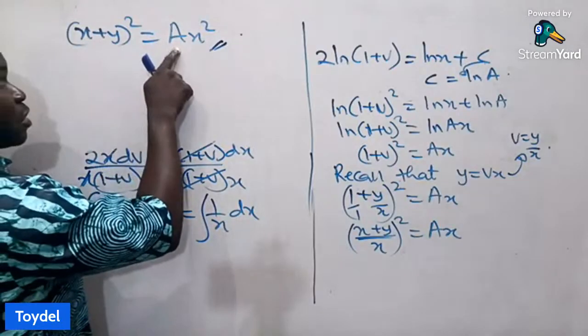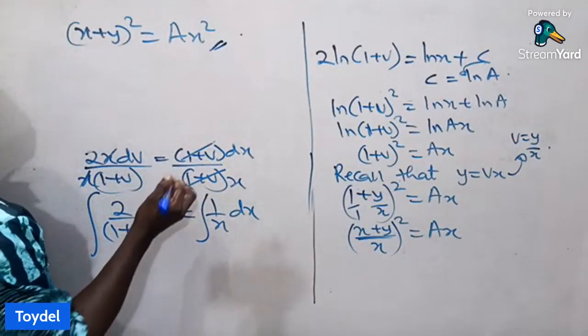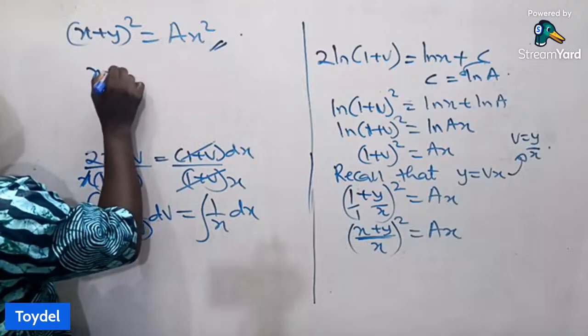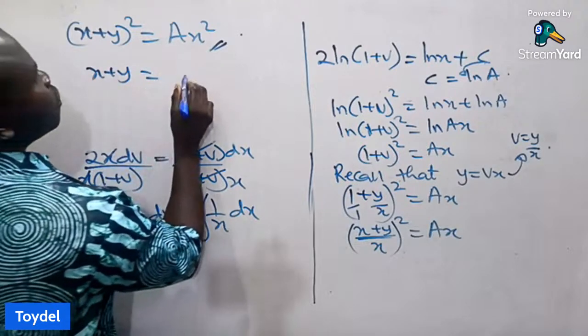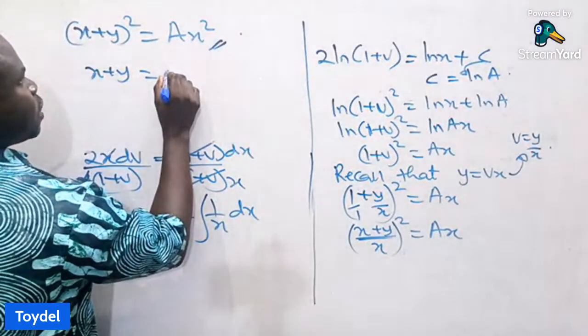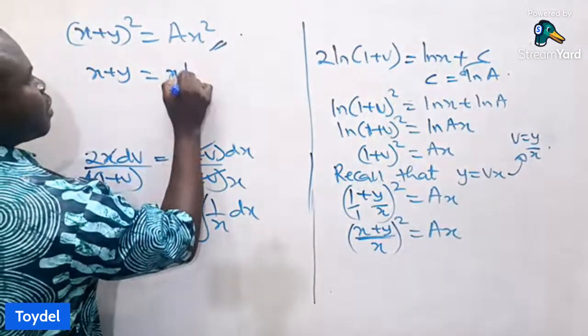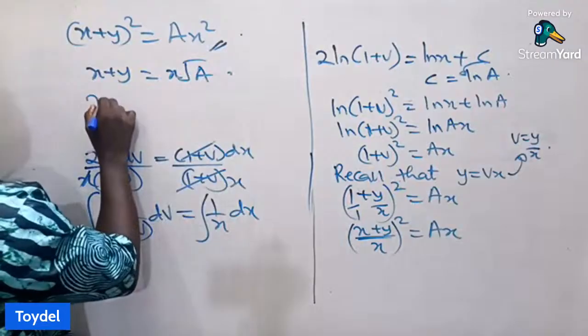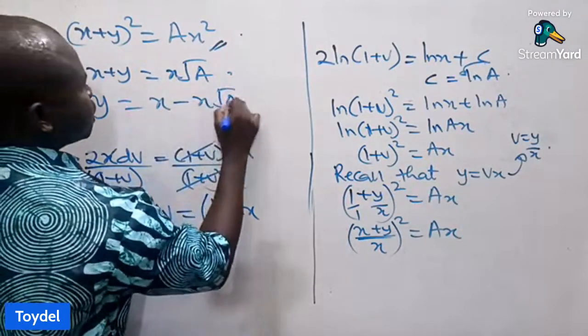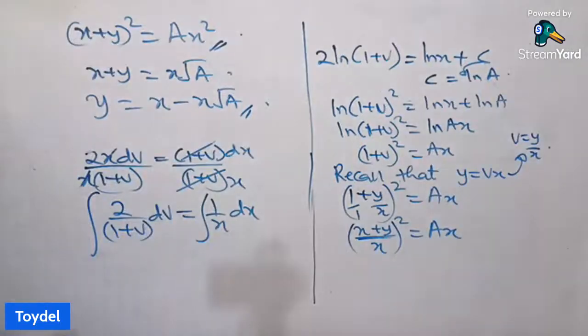If you stop at this point, you get your full mark. Or we can take the square root of both sides, so that we have x + y equal to x square root of a. Then y can be equal to x square root of a minus x, or something. So we can stop at that point.